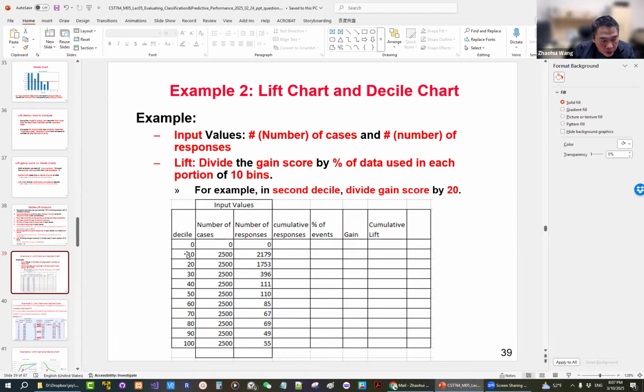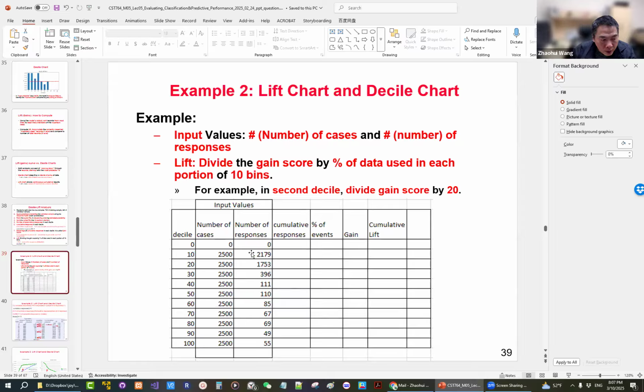The second row is the first decile. Every decile has the same size, 2,500 cases.